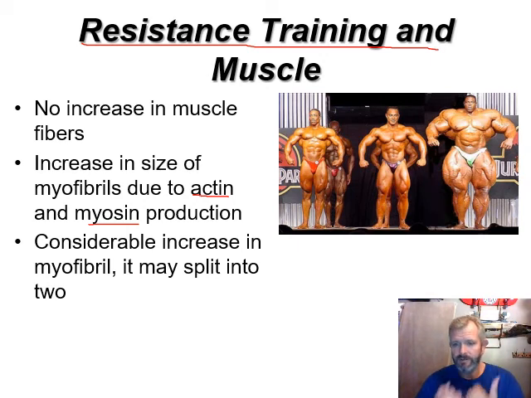If we do enough muscle training, we can actually increase the amount of myofibrils. First we start putting down more actin and myosin. If those myofibrils get too big, we can actually create more myofibrils in the muscle. But what we're doing is increasing the size of the muscle fiber. We're not increasing the amount of the fibers. So size, not amount, is how we increase the size of our muscles.